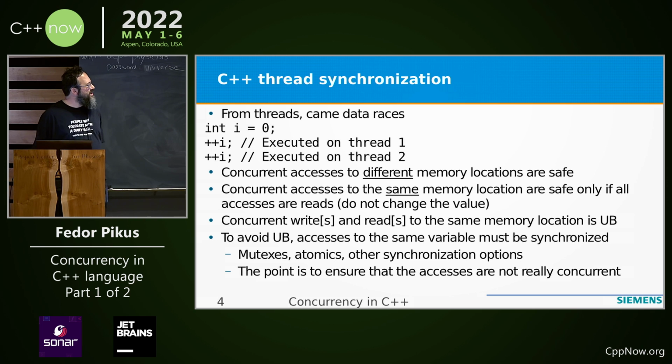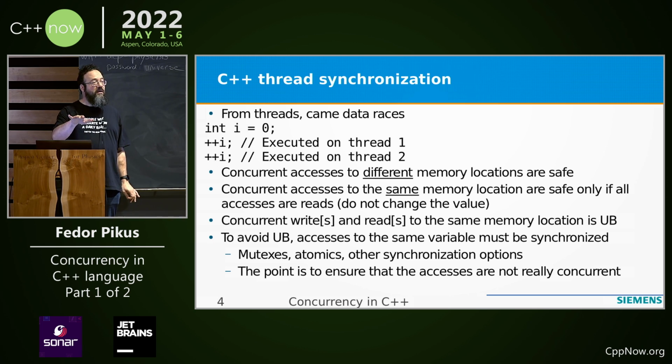Concurrent accesses to the same memory location are safe only if all accesses are reads. You don't change the value. If at least one thread changes the value, then concurrent accesses, both reads and writes, are undefined behavior. So if there is one writer and many readers, everybody is undefined, not just the readers or the writer. Everybody is undefined.